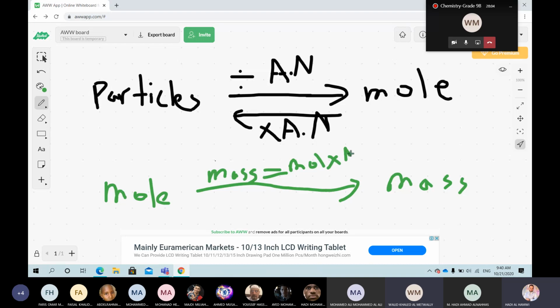The inverse, if I have the mass and want to find the moles, the moles equal mass divided by molar mass.